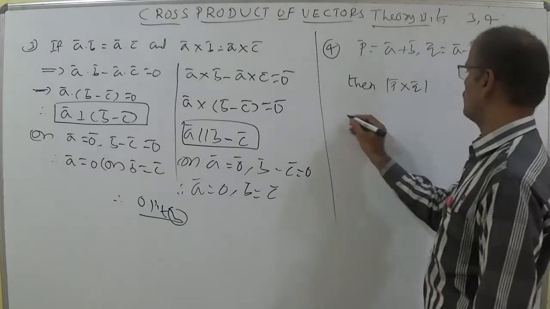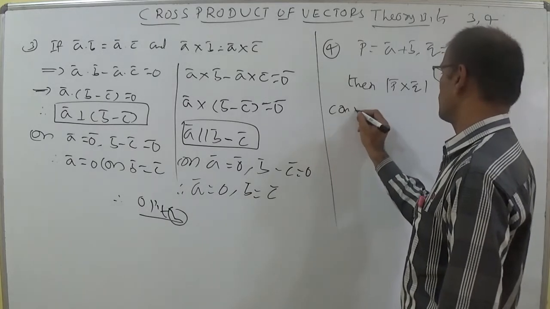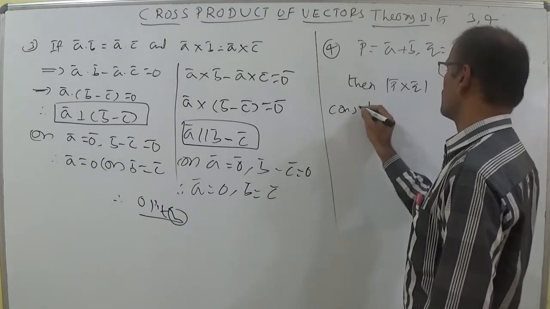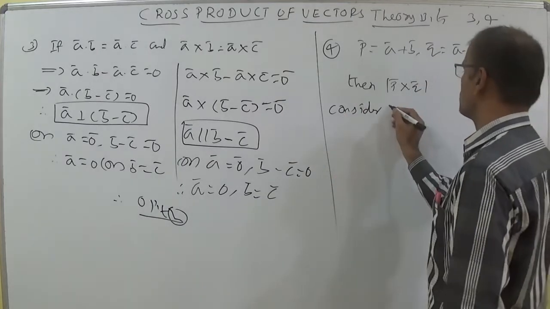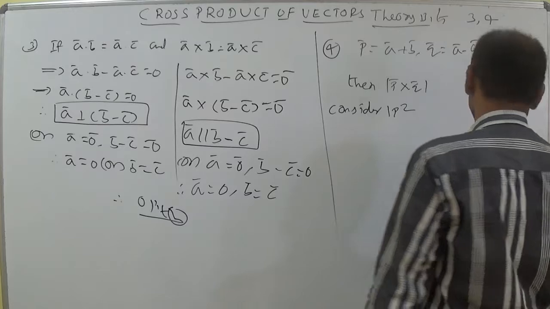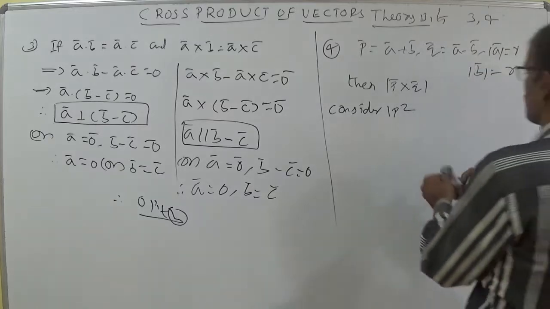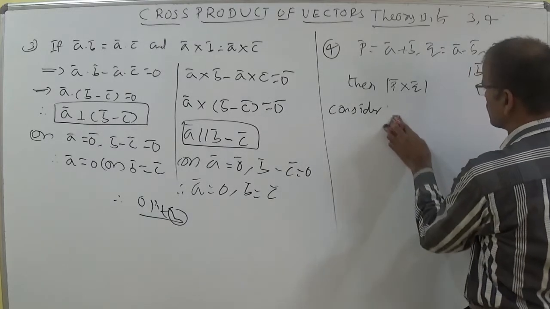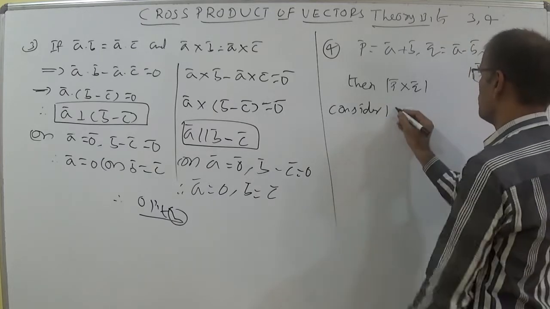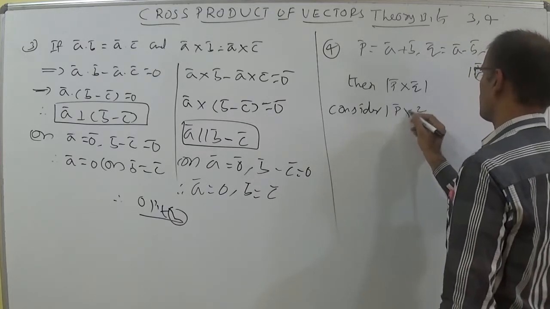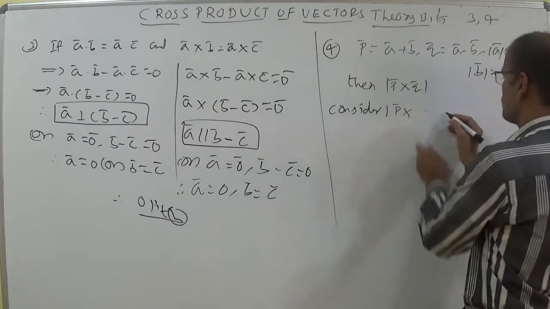Then consider, I am writing here. Whenever we should calculate modulus in the vector concept, you should consider P bar cross Q bar whole square. Whatever the modulus is given, you should consider with square, P bar cross Q bar whole square, I am writing.